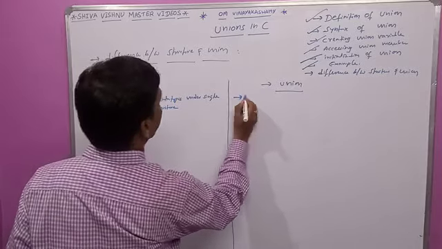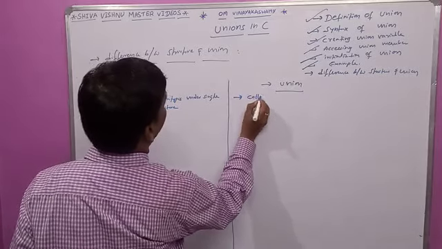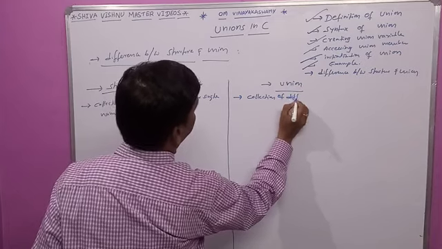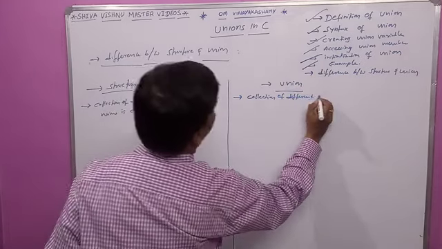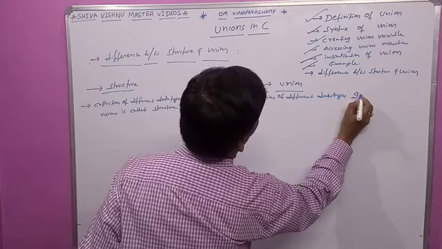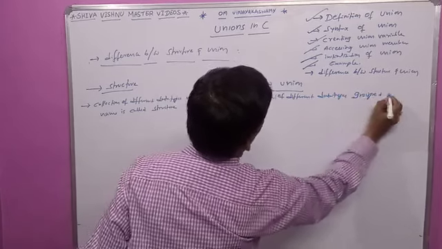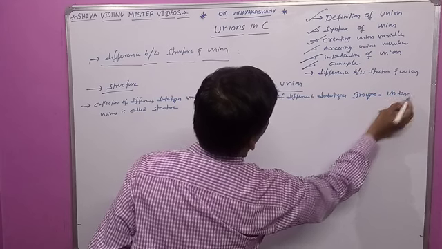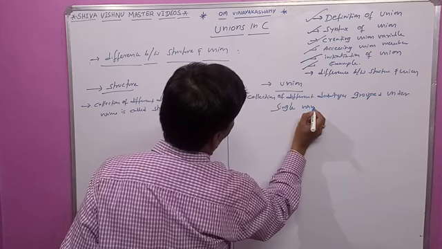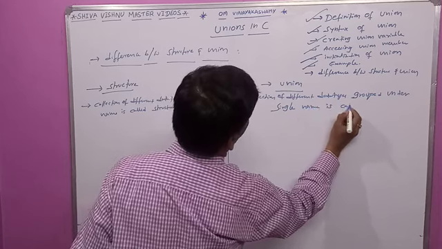Here also the definition: a collection of different data types grouped under a single name is called a union.